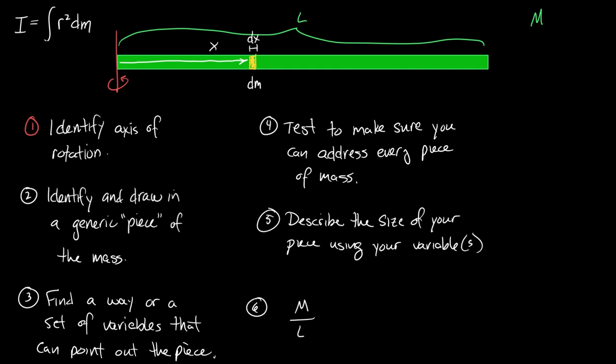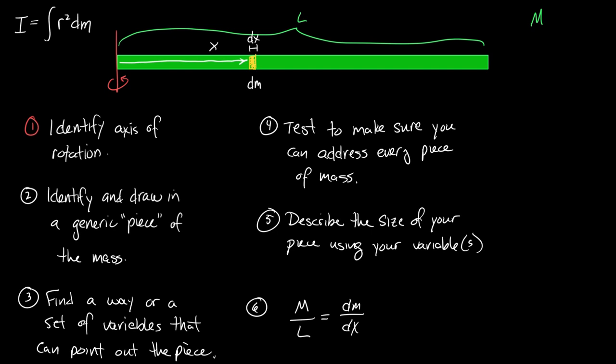The mass per unit length has to be the same for the whole thing and our piece because it has uniform density. So what we're really saying is that every piece has the same density as the whole thing. This is the density of the whole thing. This is the density of our piece.